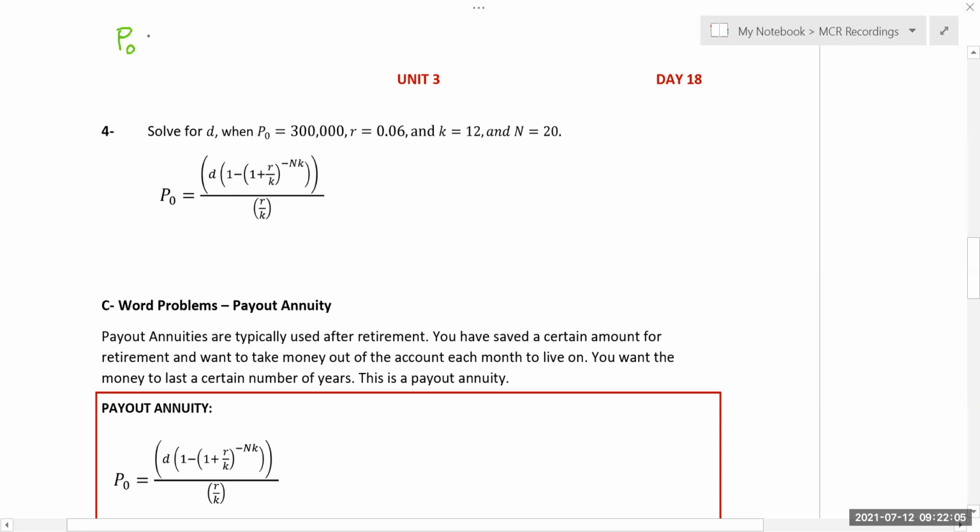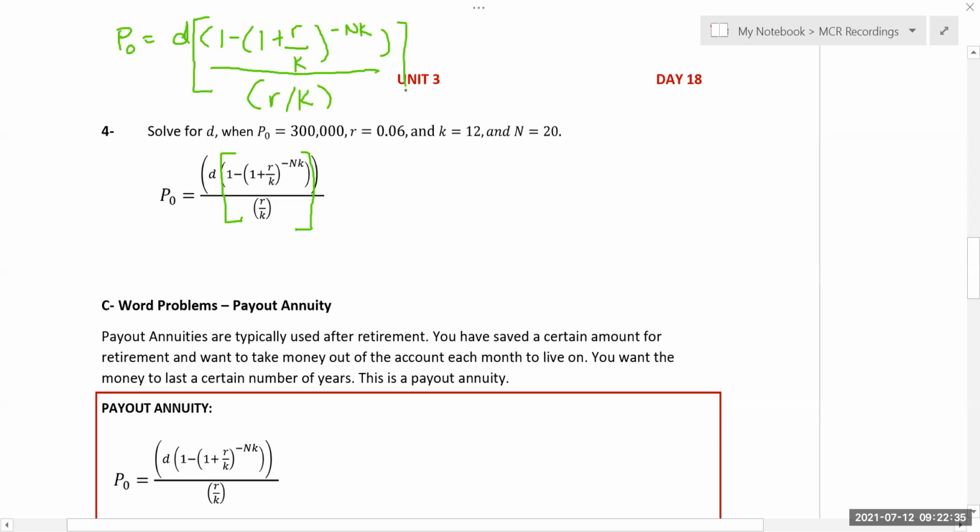So I want you to rethink this question like this. PO equals, and then we have D here. But because multiplication and division are commutative, you can pull this piece out because the math will work the same. So I'm kind of going to pull that piece out and now write those parentheses, and kind of write it like that.